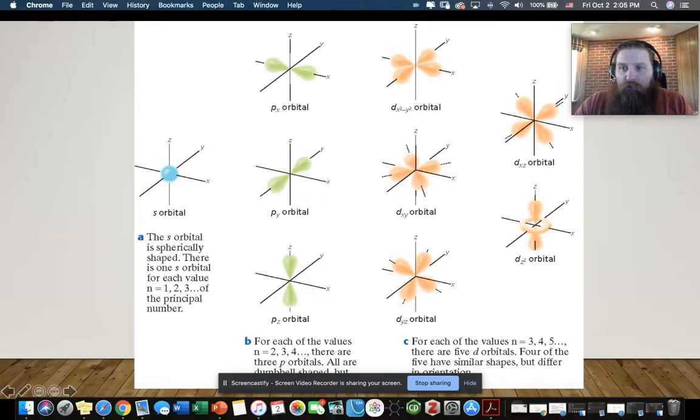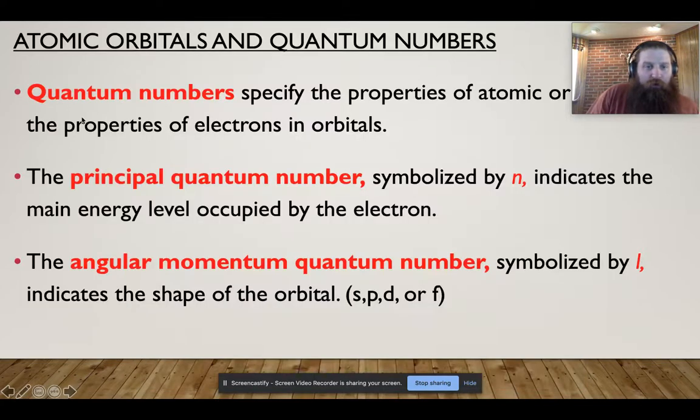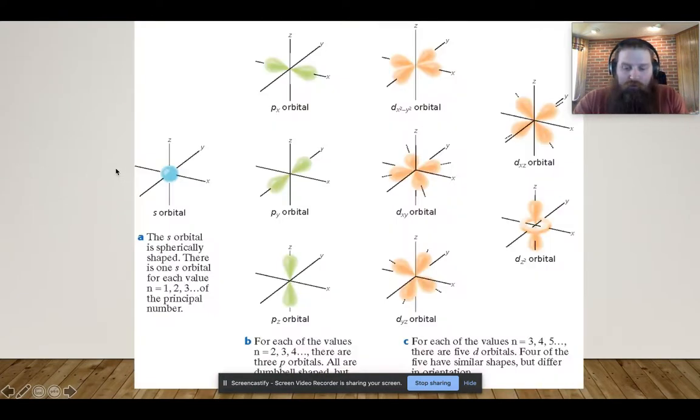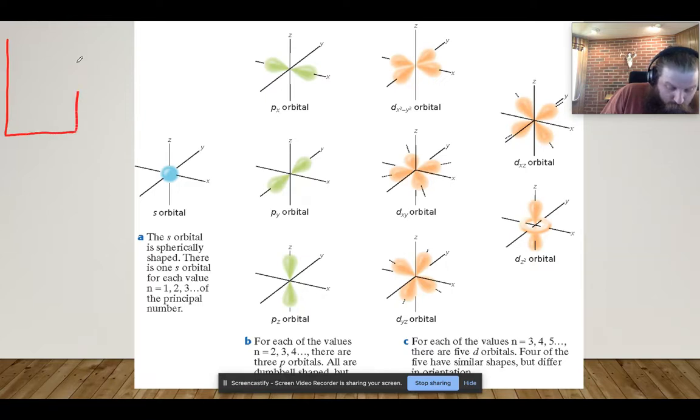And we can look at those. So let's look at some of these interesting shapes. So first, we need to draw the periodic table. Let me get my pen here. So let's draw the periodic table here.